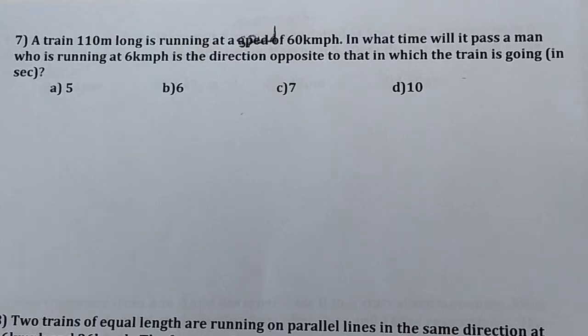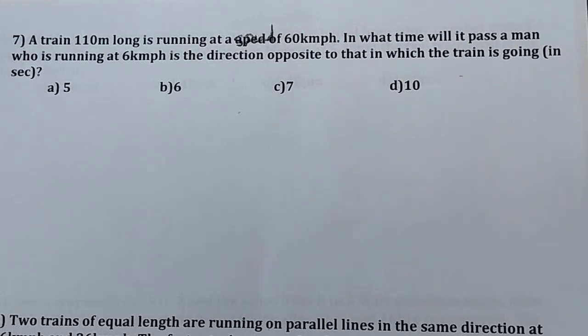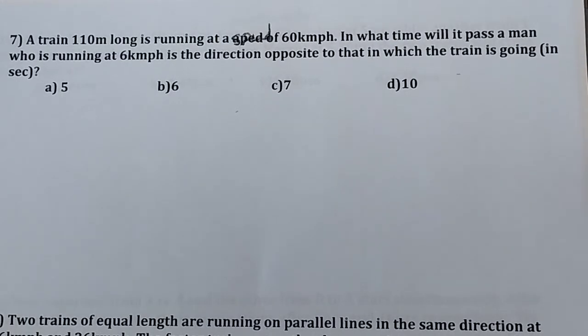In what time will it pass a man who is running at 6 kilometers per hour in the direction opposite to that in which the train is going? That means both are moving in opposite direction. So this is what given question.